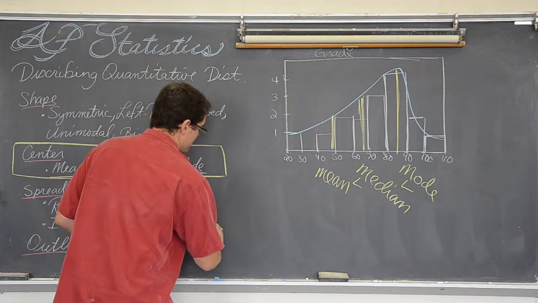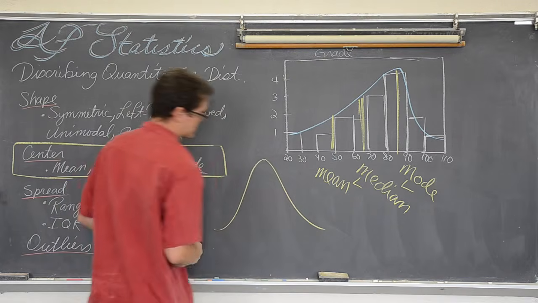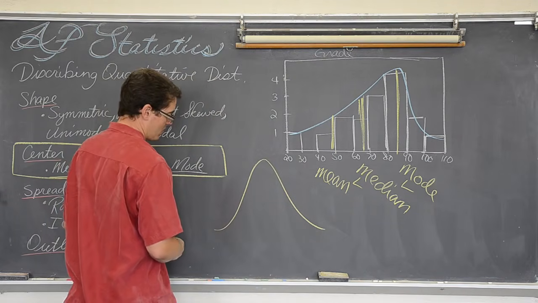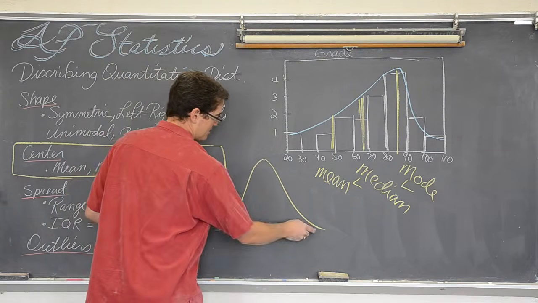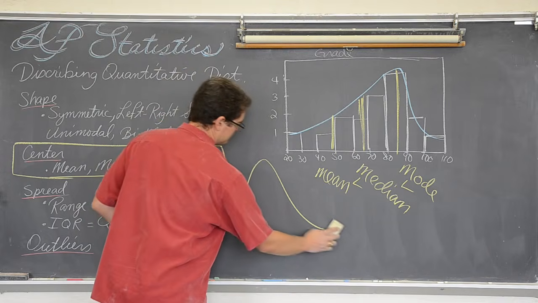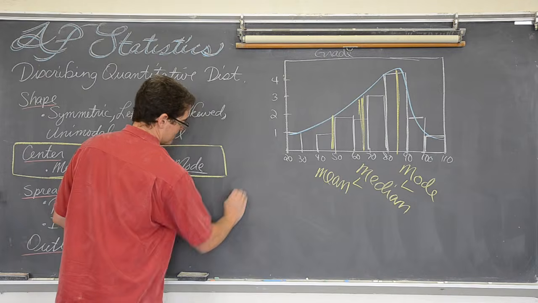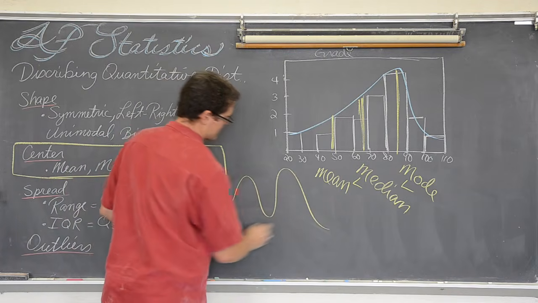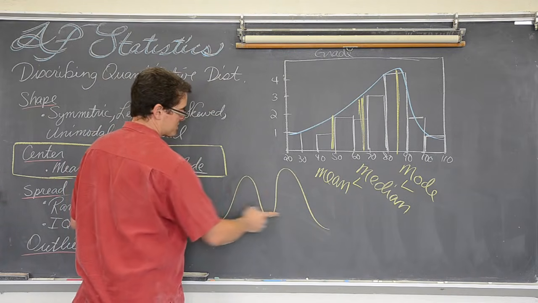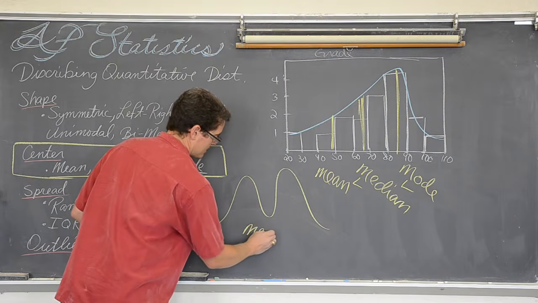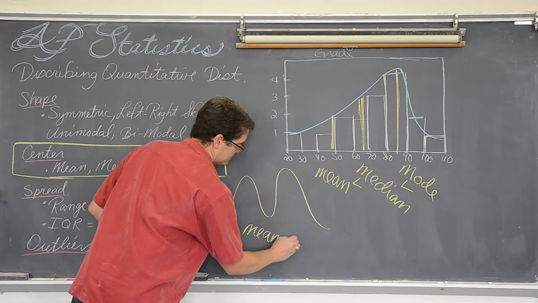If you have a symmetric distribution, whether it's a bell curve like this, or even if it was bimodal, such as this, your mean and your median will be roughly equal. Some of this might not make sense unless you read your textbook.